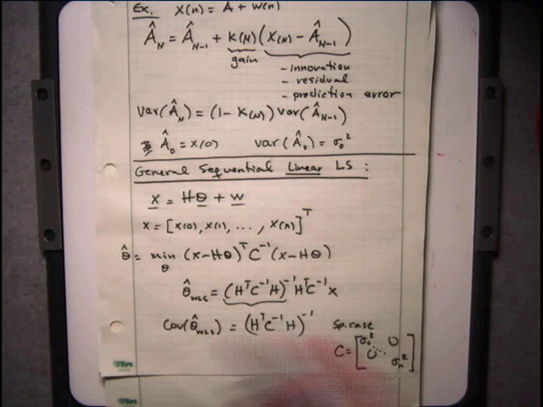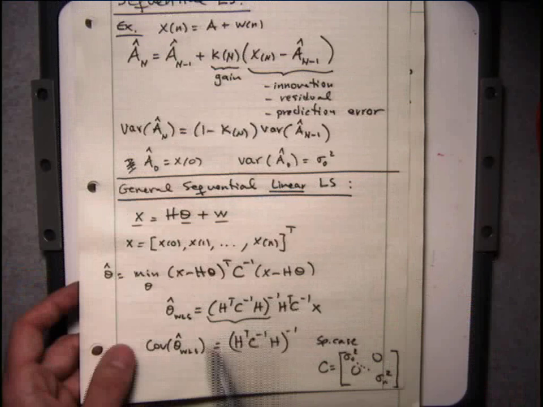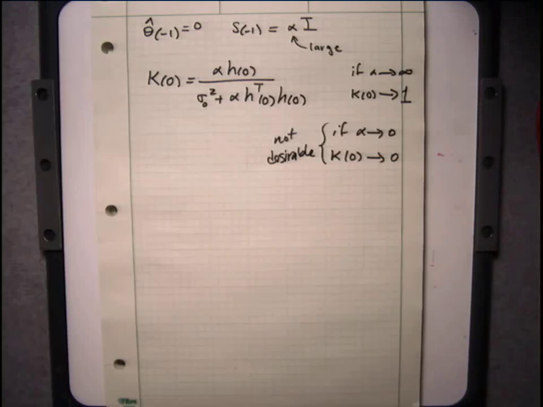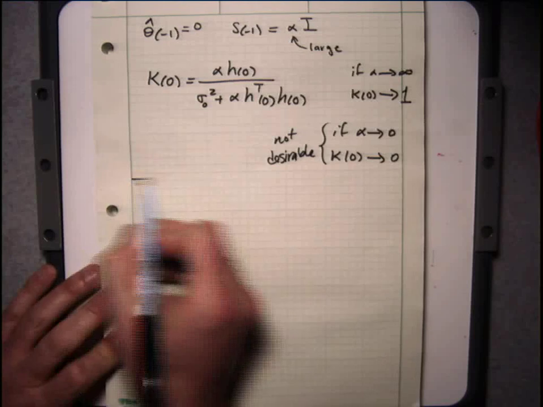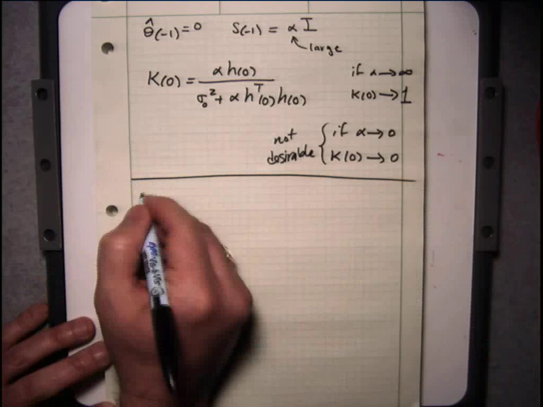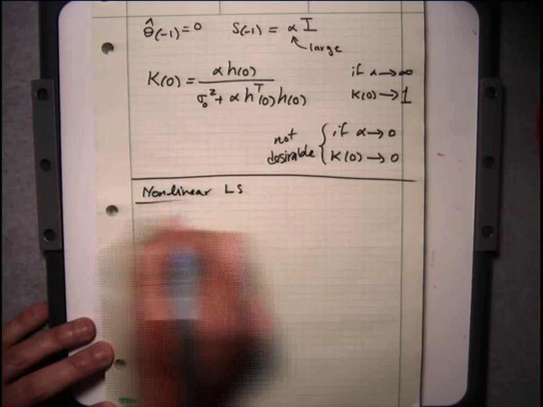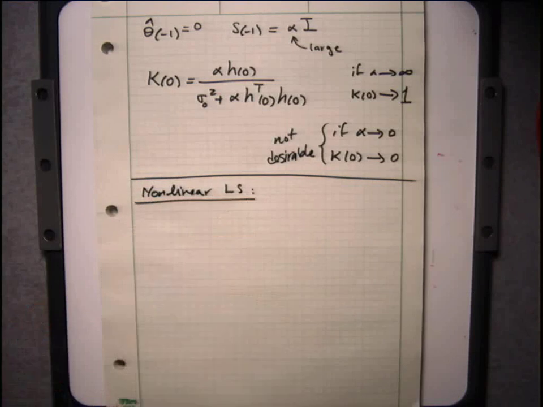Okay, so now let's get back to the general nonlinear scenario. Suppose we want to stick with the least squares formulation, but our problem doesn't lend itself to such a simple setup. So let's do nonlinear least squares, and I'm not going to do this iteratively, just for the batch setup.